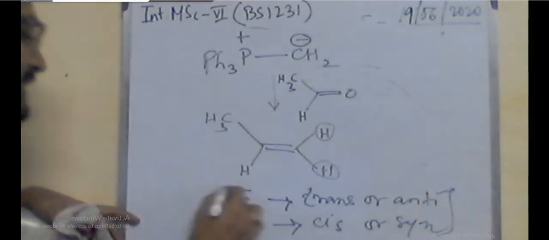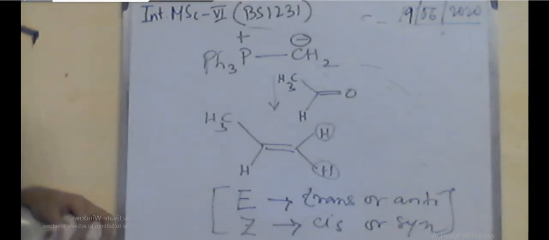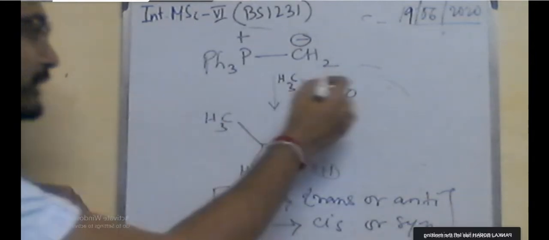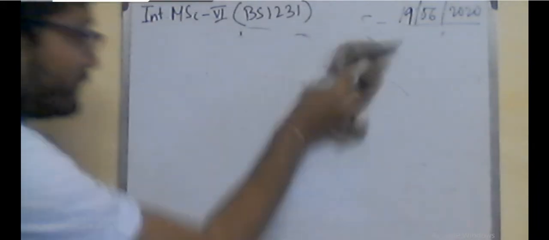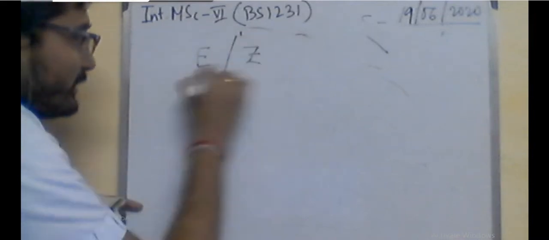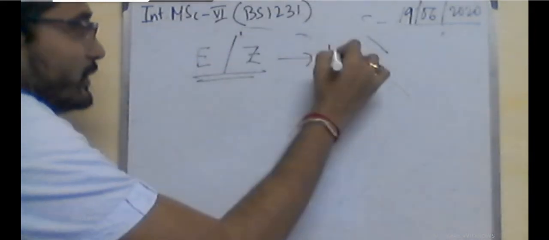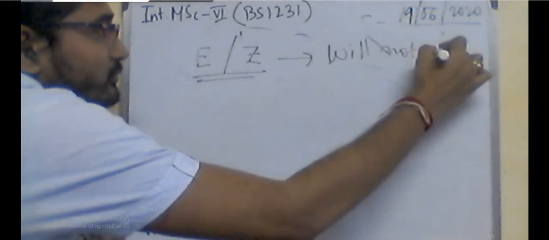First of all, the E and Z terms will not appear when the carbonyl is formaldehyde. There is no question of EZ isomerism, because here the substituents are the same.